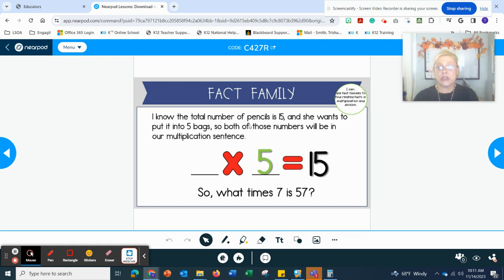I know the total number of pencils is 15. She wants to put 5 pencils in each bag. So those numbers will be in our multiplication sentence. 15 is at the end. That's my total number. And there are 5 in my sentence.